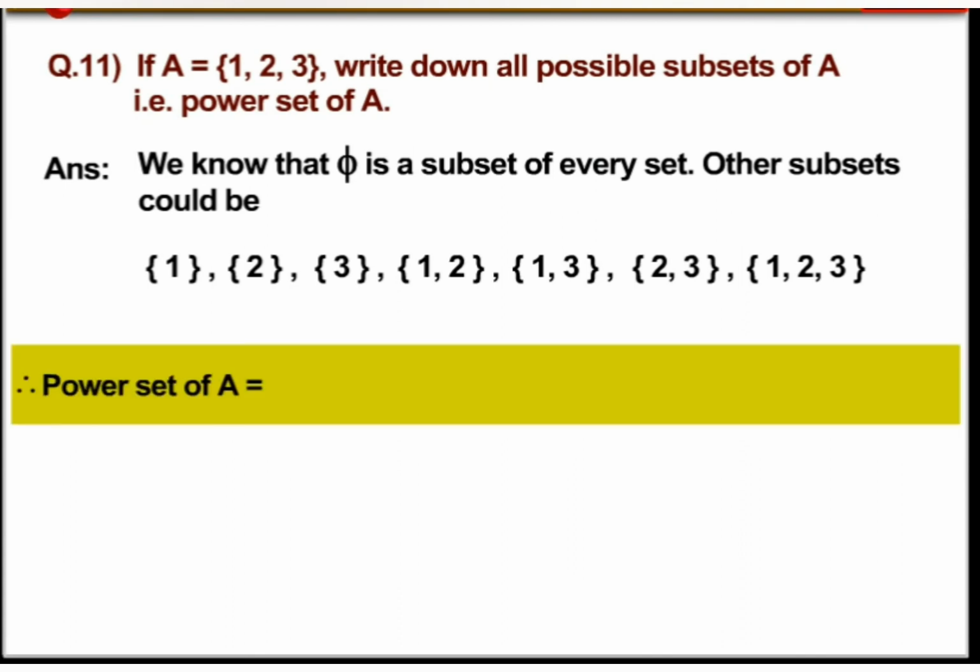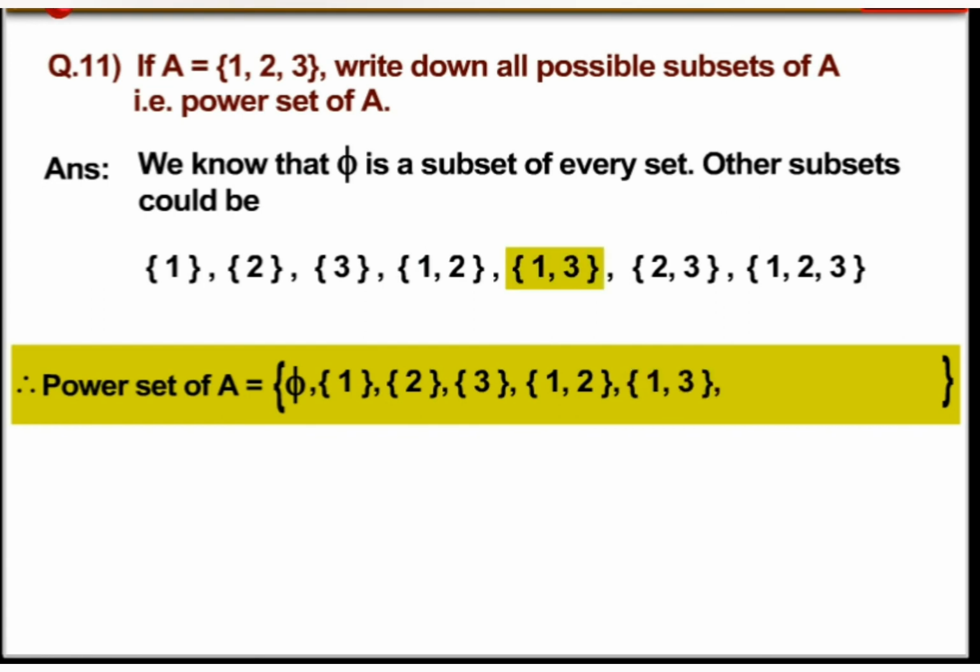Therefore, the power set of A is equal to the set containing these sets: null set, {1}, {2}, {3}, {1, 2}, {1, 3}, {2, 3}, and {1, 2, 3}.